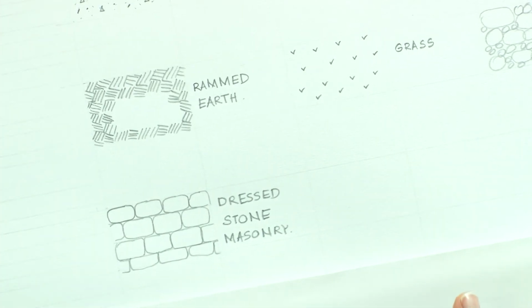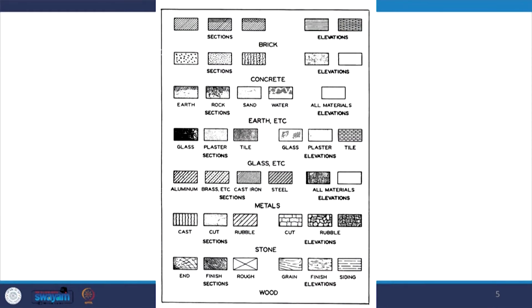Another very commonly used material in our architectural work especially is glass. Glass could be seen in elevation, because most of the time we see glass being used in elevation. If you look at glass in elevation, it has nothing but just some reflection.